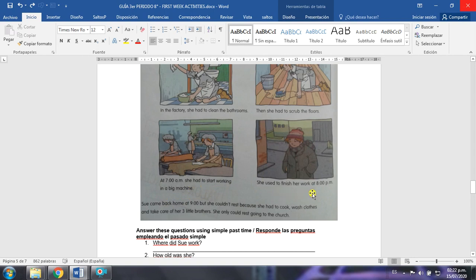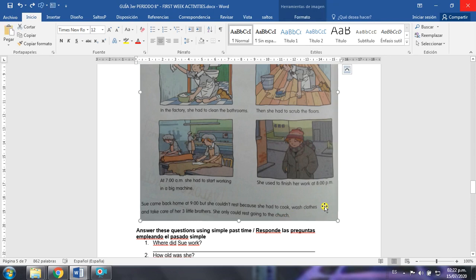She used to finish her work at 8 p.m. Sue came back home at 9, but she couldn't rest because she had to cook, wash clothes, and take care of her 3 little brothers. She only could rest going to the church. That is a hard work every day.